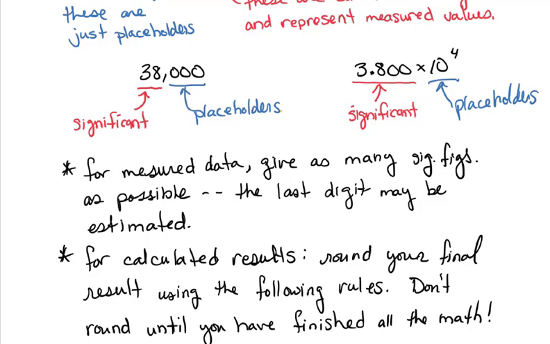And we're going to introduce a couple of rules for doing that. But I do suggest that you don't round until you've finished all your math. So you could do your homework or your lab and keep some extra digits. And then when you're all done with the problem on the homework or you're all done with the lab, then go back and then round.